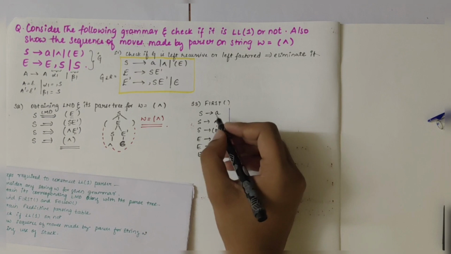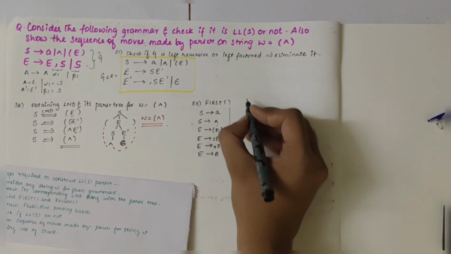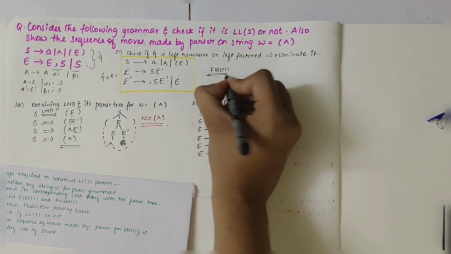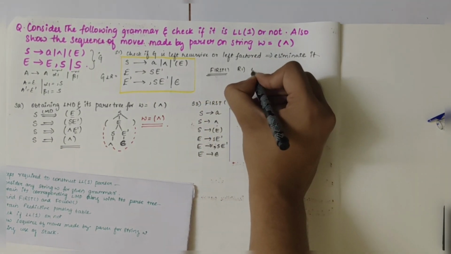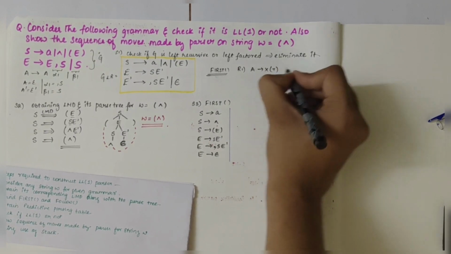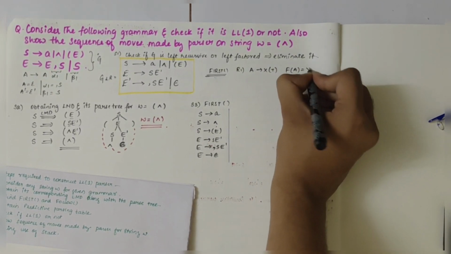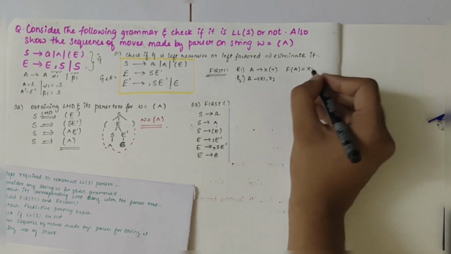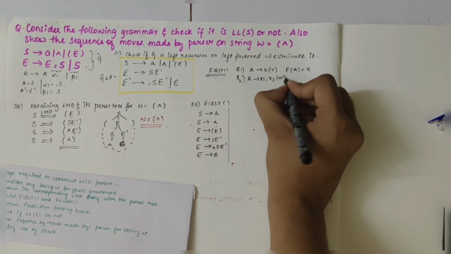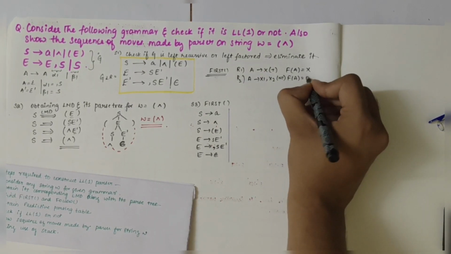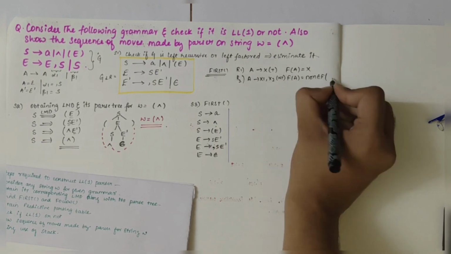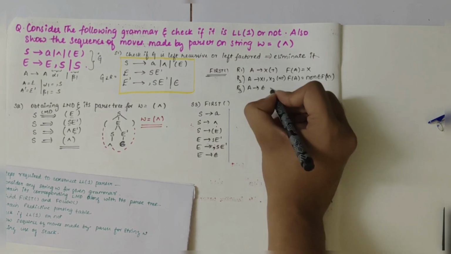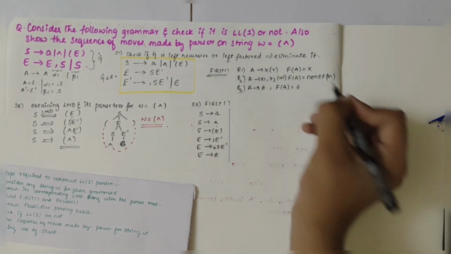I'll quickly write first of all these productions. If you remember the rules, rule 1 says that if A derives x, x being a terminal, then first of A would be equal to the same terminal. Rule 2 states that if A derives x1 x2, where x1 is a non-terminal, then first of A would be equal to non-epsilon first of x1. And rule 3 states that if A derives epsilon, then first of A would be equal to epsilon itself.